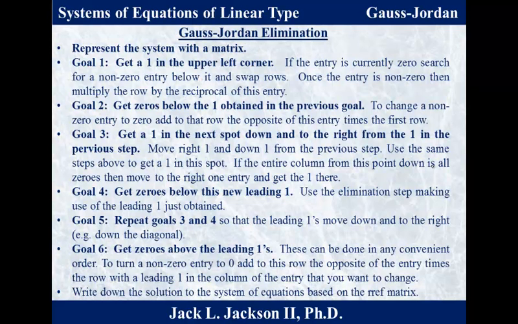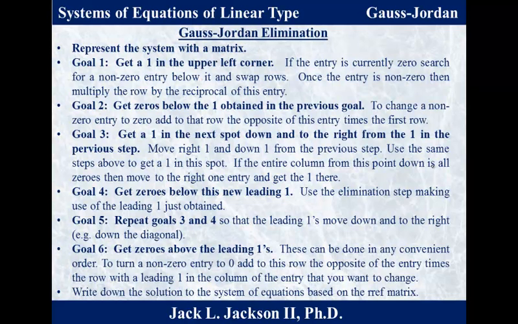Okay? Then you get a 1 in that leading position. How do you do it? Well, same way we just talked about. Multiply by the reciprocal if it's a non-zero number; if it's a 0, look below it and find a row to swap up. And then continue like that.